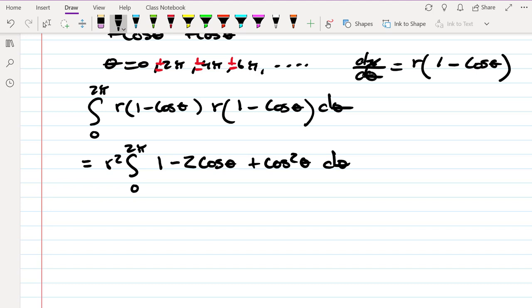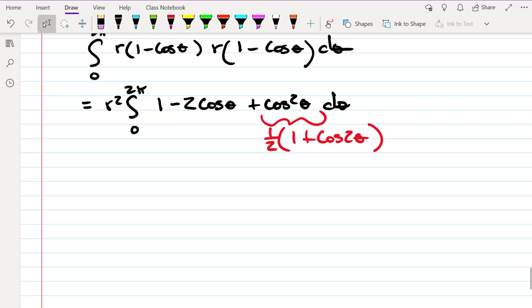And then, before we can integrate, we have to use an identity on this. So cosine squared theta is 1/2 times 1 plus the cosine of 2 theta. So expanding all of that out, we have r squared times the integral from 0 to 2 pi.